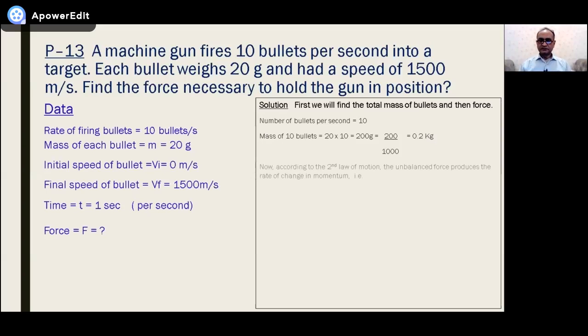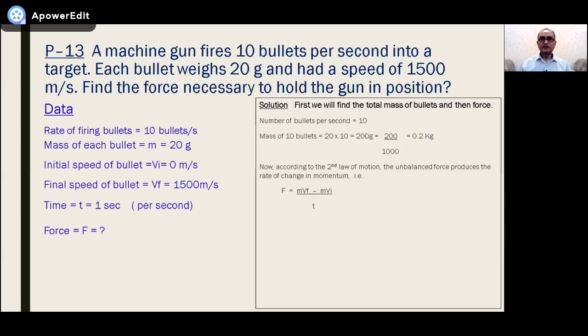All right. Now, according to Newton's second law of motion, unbalanced force produces the rate of change in momentum. That is, what is the initial momentum of 10 bullets? mvi. m is the mass of 10 bullets multiplied by the initial velocity. What is the final momentum of 10 bullets?